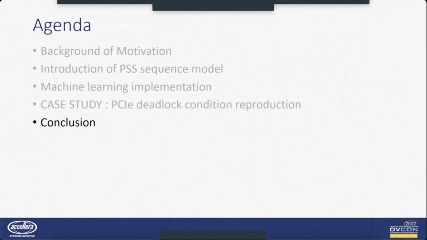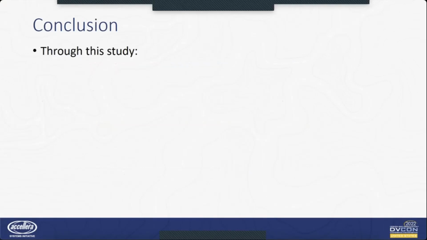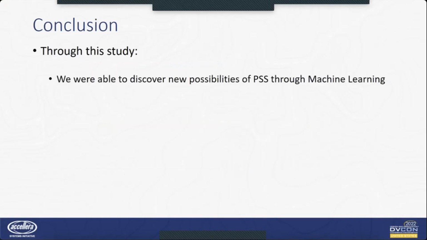Now let's wrap up the presentation. In general, one of the most difficult aspects of machine learning is collecting data for learning. PSS can generate learning data for machine learning easily and simply, just as we created tests with different delay values only by setting the configuration table.